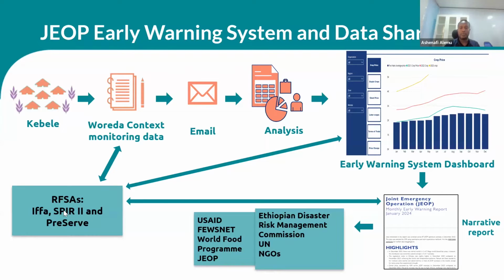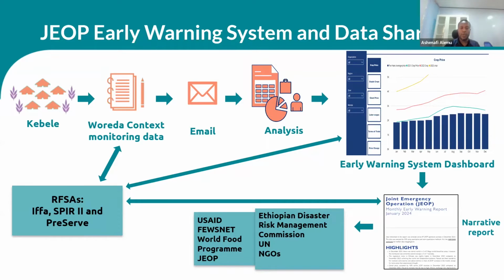Then JOB processes this data through analysis, compilation, interpretation, and cleaning. So it performs these analysis stages, and then presents the data on the dashboard, and also prepares a narrative report, which should be shared with several stakeholders in Ethiopia.